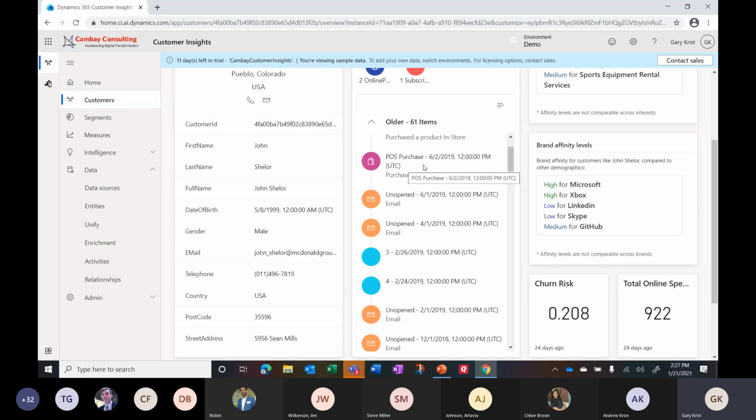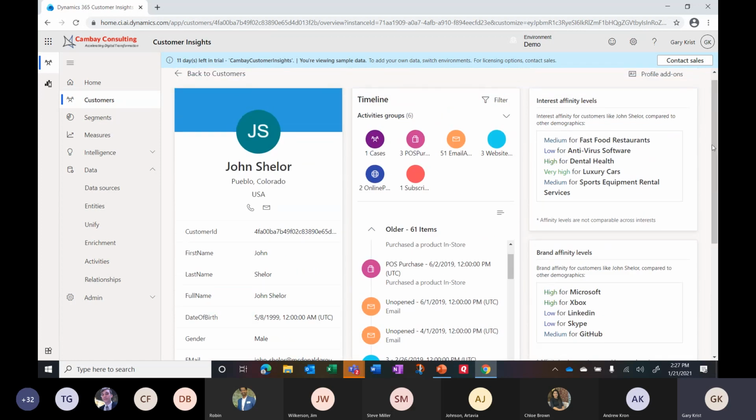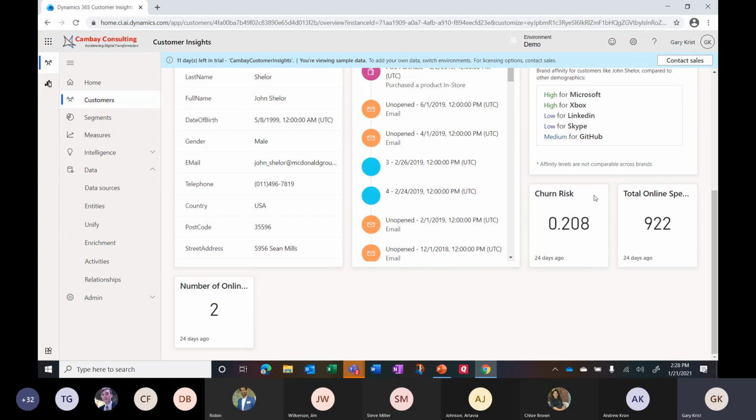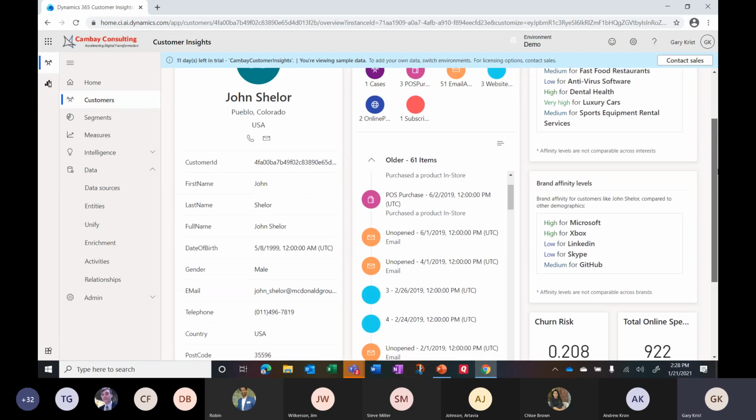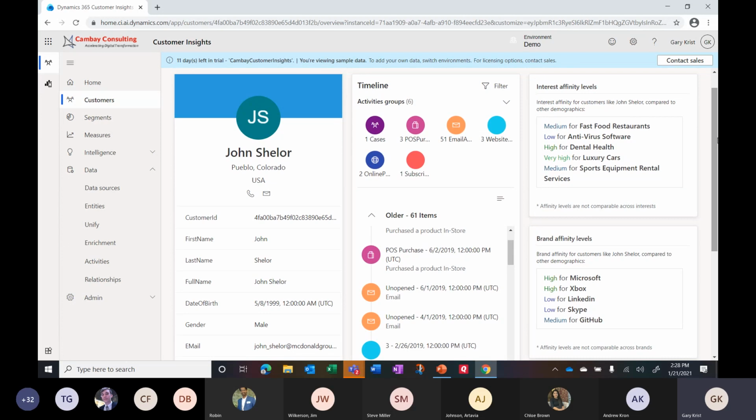Or we can do it through Power BI, like I said before, and other sources. Here are our interest levels and our brand levels, and you'll also see some other metrics that have been created here. Here's our churn risk is 0.20, and what their online spend has been in the last month. This has all been aggregated together in a dashboard for us.